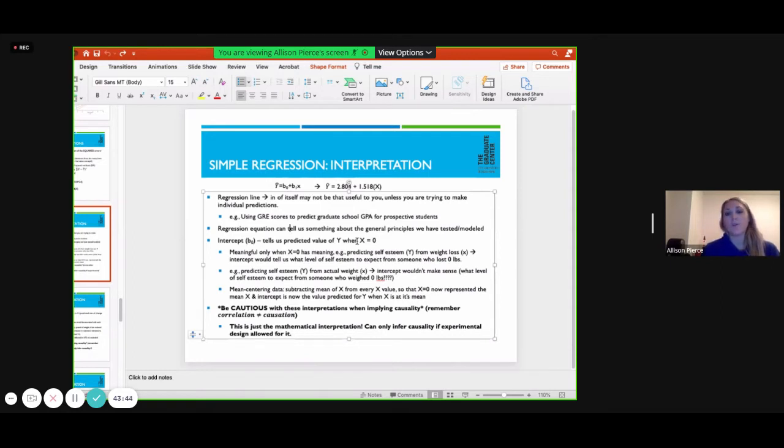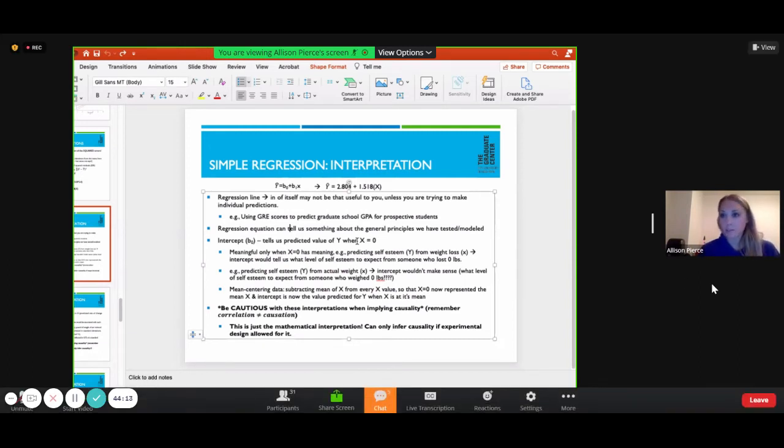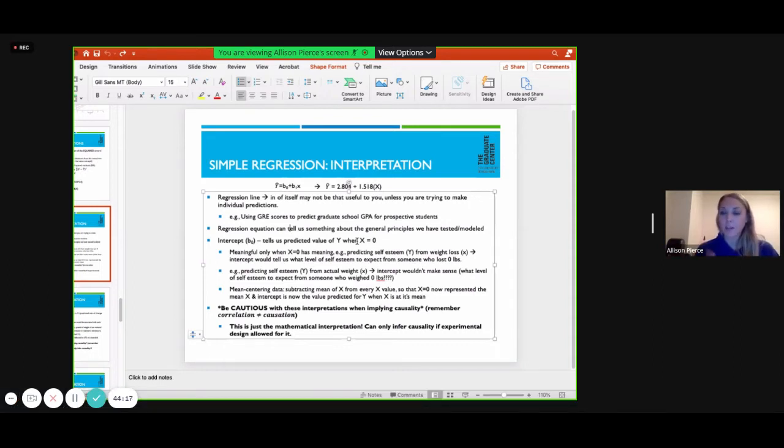So let's say you are predicting self-esteem from weight loss, for example. The intercept is going to tell you what level of self-esteem to expect from someone who has lost 0 pounds, which would be an interpretable thing, I guess. But if you were predicting self-esteem from actual weight, that intercept is not going to be interpretable, because it's going to tell you what self-esteem I expect from someone who weighs 0 pounds. So then all of a sudden that's not very meaningful, right? Because it's when x is 0.